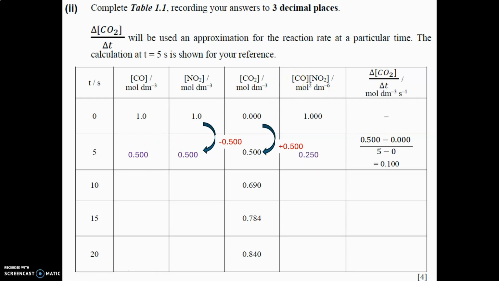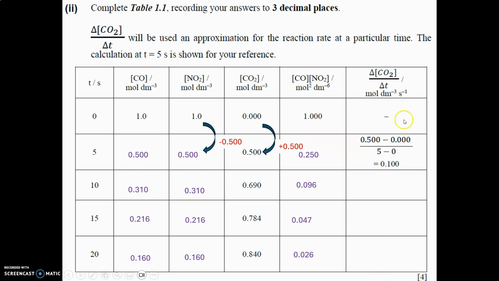So that will give me 0.250 mole square dm to the power of -6. Then I repeat the same. So again, over here, there is an increase of 0.190, so here will decrease by 0.190 for both, and so on and so forth.